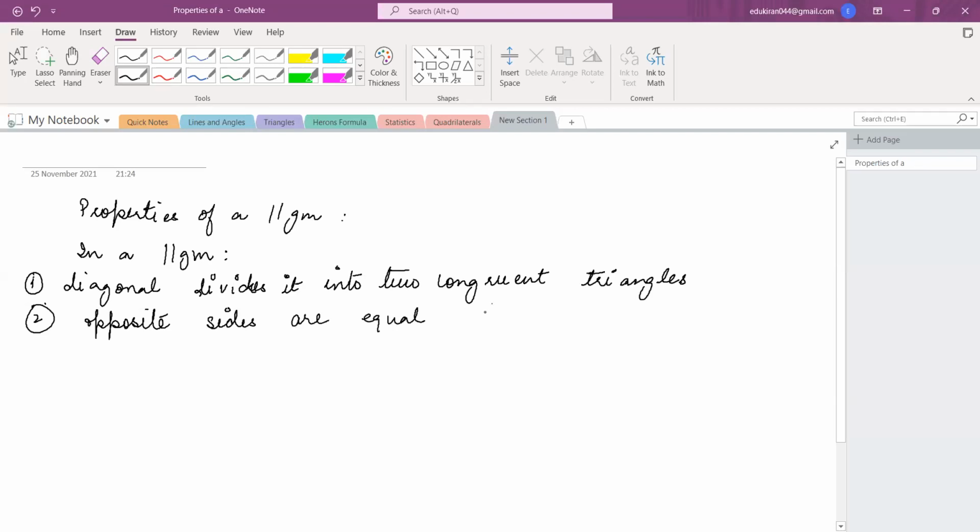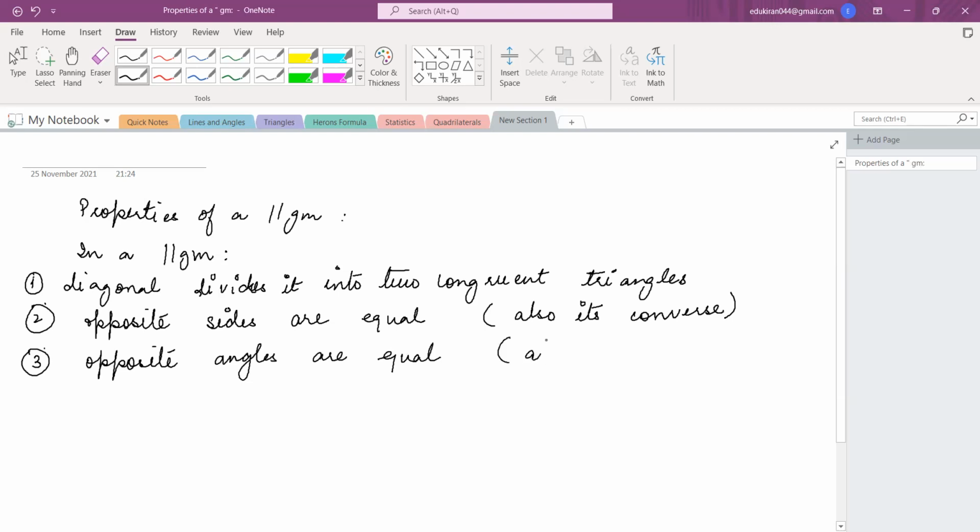Okay, and the third one, also its converse. So this was the third theorem. Next, we have seen opposite angles are also equal, and also its converse.